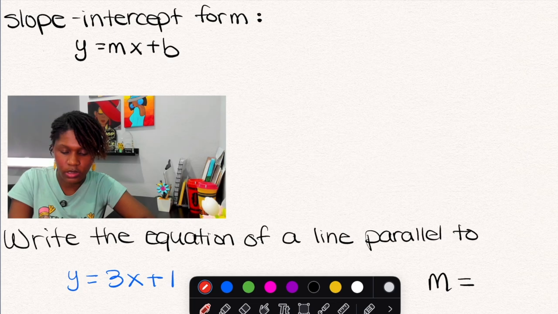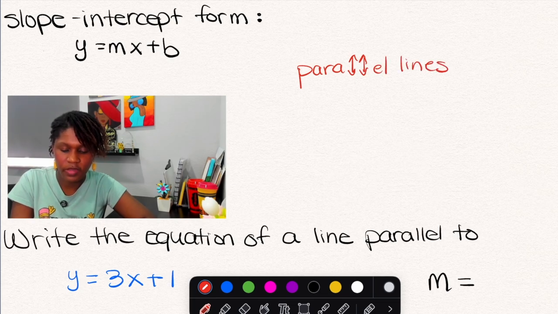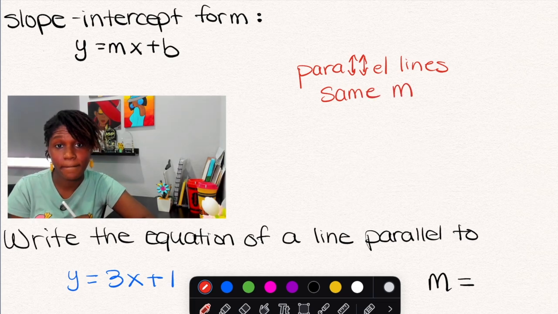When you have parallel lines, they have the same slope, or the same m.